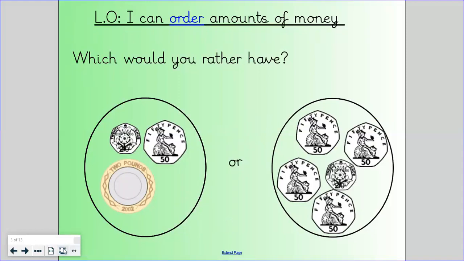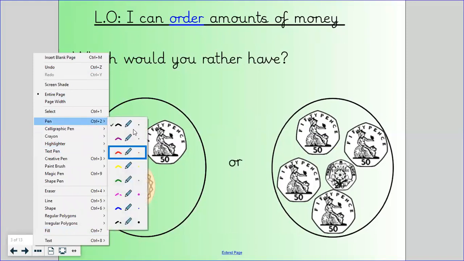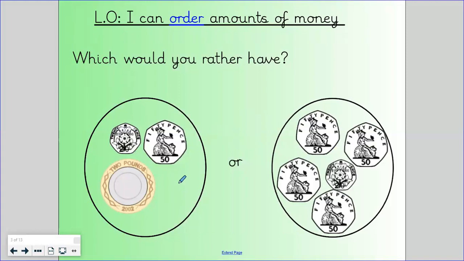Over here, our coins are worth £2 and 70 pence. £2 coin, a 50 and a 20, so that equals £2.70. And over here we've got 50, £1, £1.50, £2 and 20 pence.